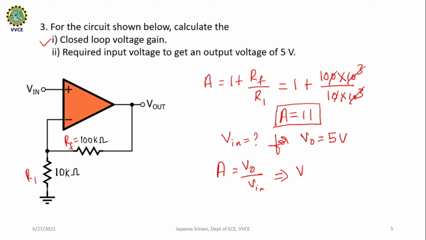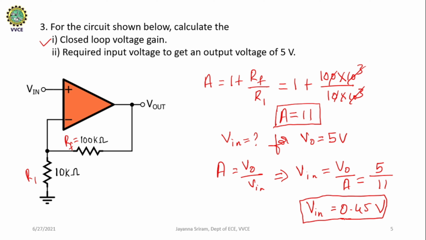This implies Vin is equal to V0 divided by gain. What is V0? V0 is equal to 5. The gain value is 11. So we are going to get Vin equal to 0.45 volts. So this is the input voltage we need to apply in order to get the output voltage as 5 volts. This is the solution to this problem.